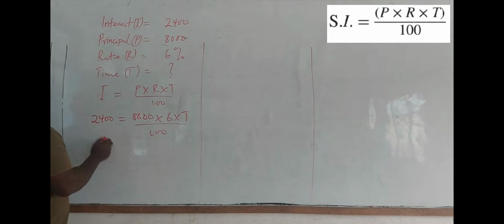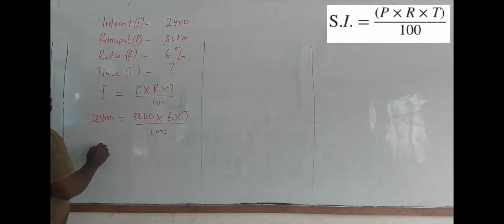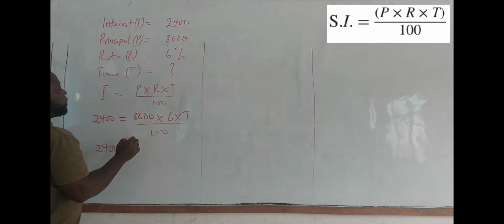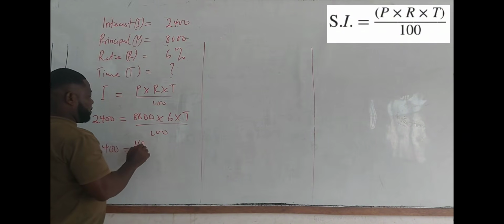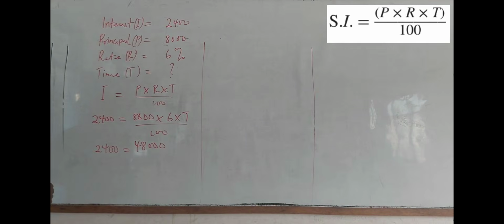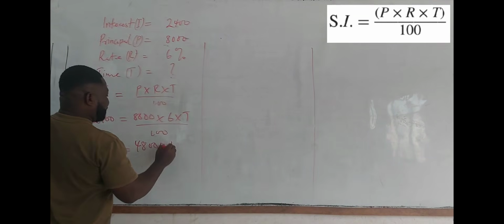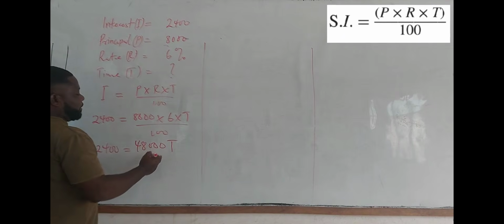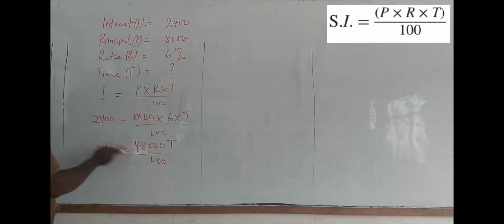Let me do the multiplication at the top first. 8,000 times 6 will give us 48,000, so it's going to be 48,000t all over 100.